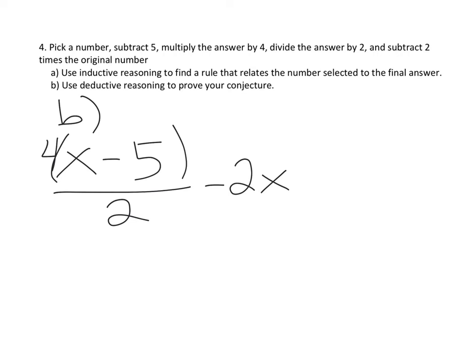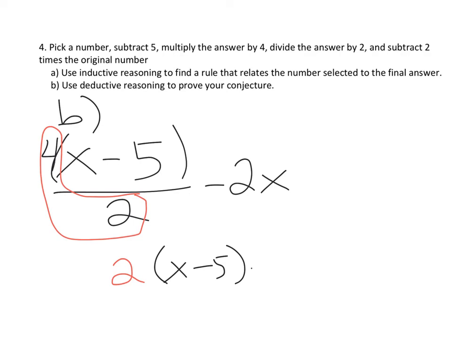So the first thing I'm going to do, there's a couple ways to do this. You could distribute first, but what I'm going to decide to do is first notice that this 4 divided by 2 is just going to be 2. Okay, so I end up with 2, and then I still have my x minus 5 minus 2x. Okay, now I'm going to distribute.